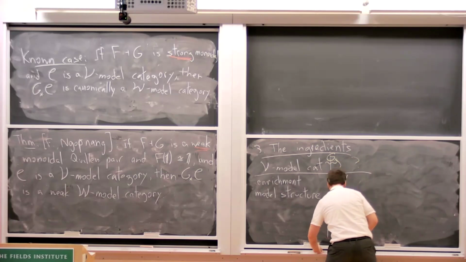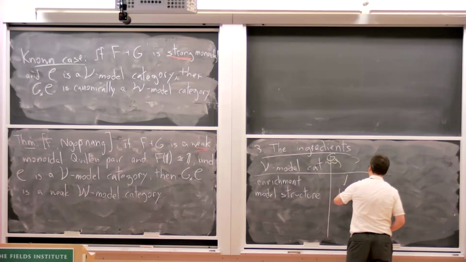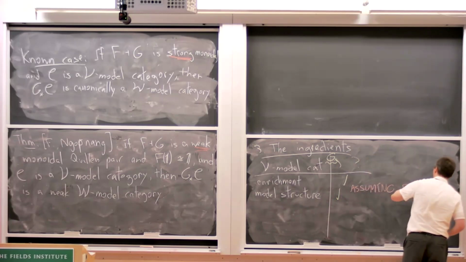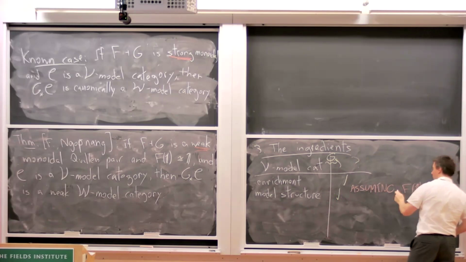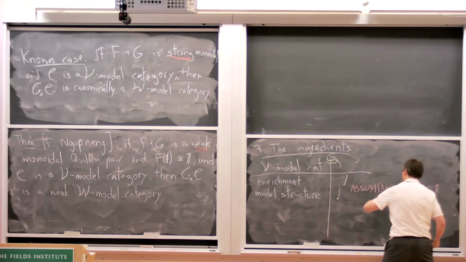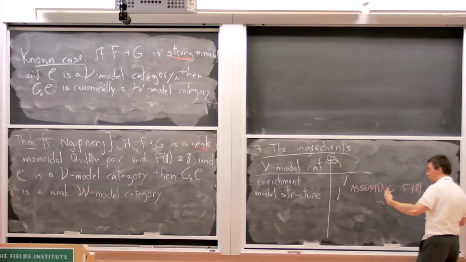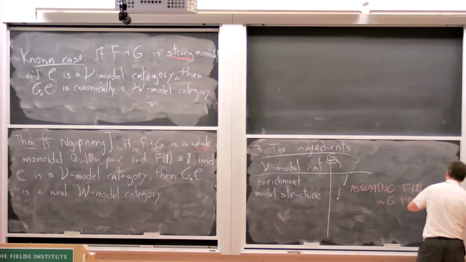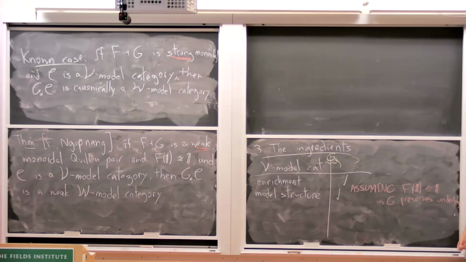So this is where we assume this extra hypothesis, which is there to guarantee that the underlying category is the same. It's true for Dold-Kan. It's true for the singular set.